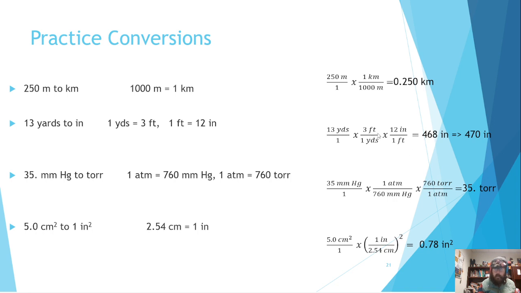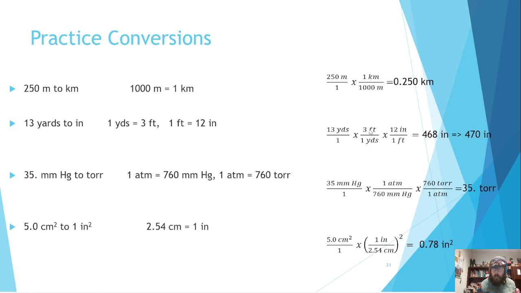So the net math is 13 times 3 times 12, which would give us inches. Now, since there are only 2 significant figures here, I can only keep 2 significant figures in my answer, so even though the number is 468, we should round to 470.